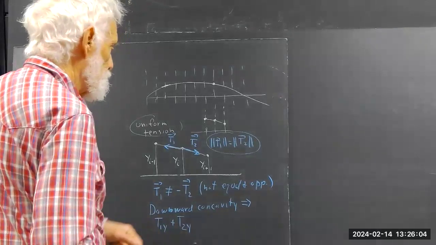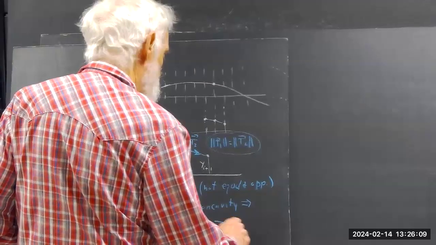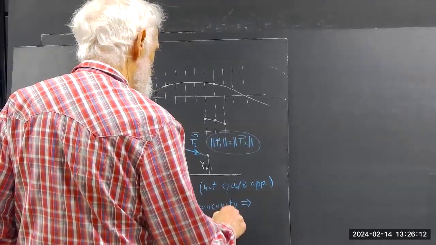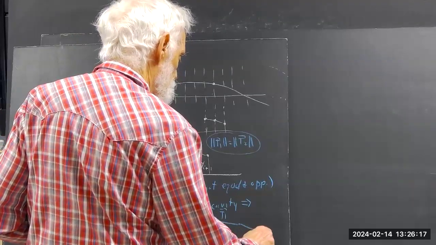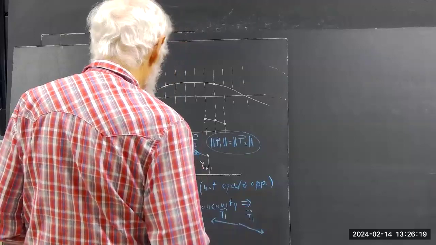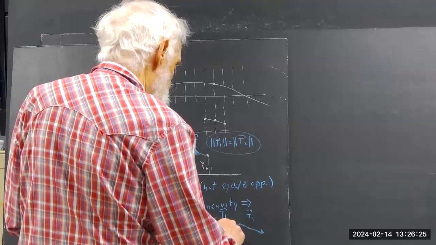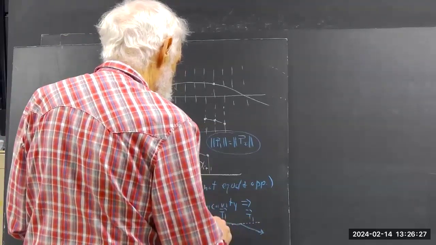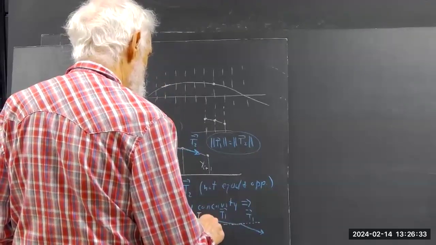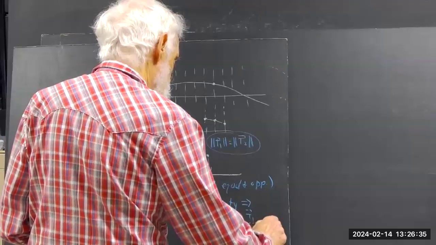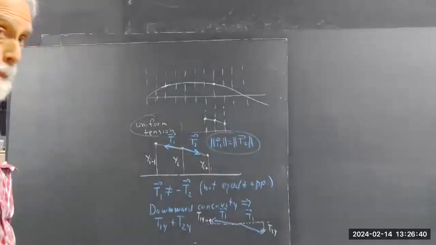So T1y plus T2y, well, we can draw a picture. Okay, here's T1. And we can exaggerate a little, so here's T2. I just want to make T2 steeper than T1. They're of equal magnitudes. So I can sketch my y components. Here's T1y. And here's T2y, right?